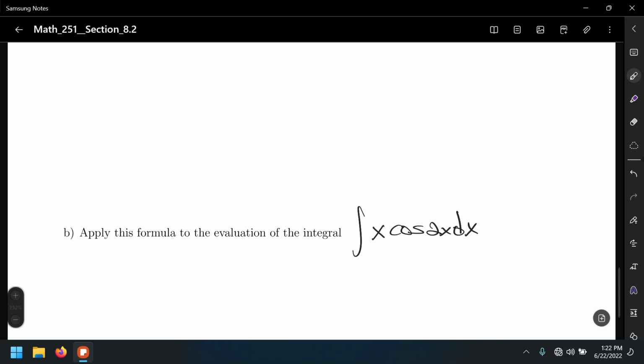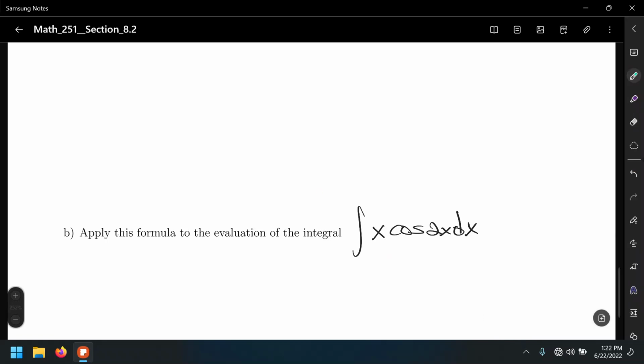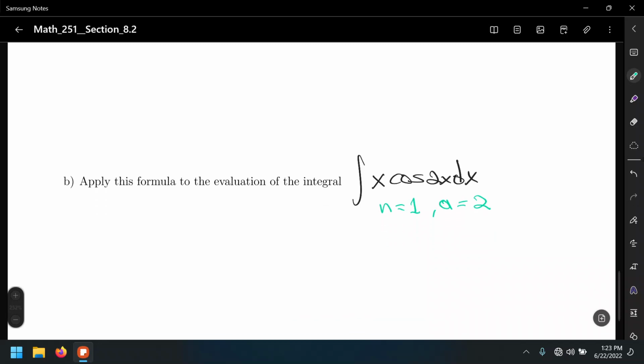All right. So the number one thing that we might want to identify first is, in this case, what's n? N equals 1. It's an invisible 1 here. And what's a? That's a 2 in this case, right? So let's just use the formula here.